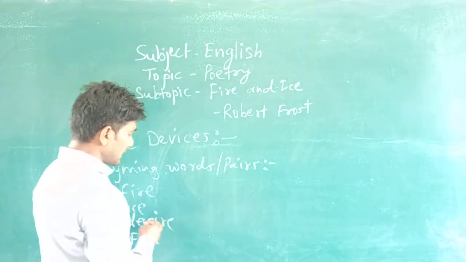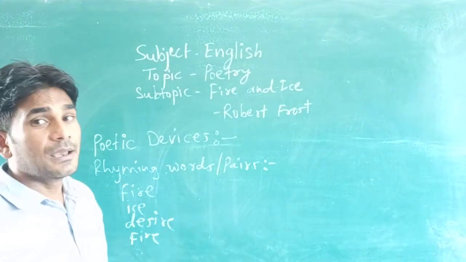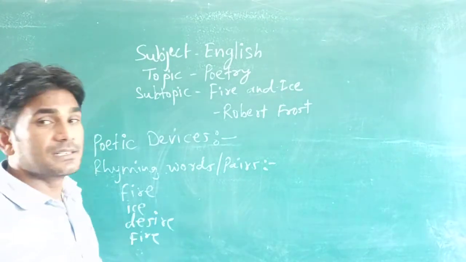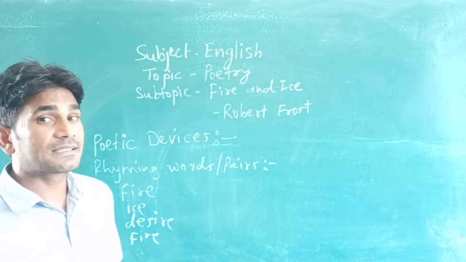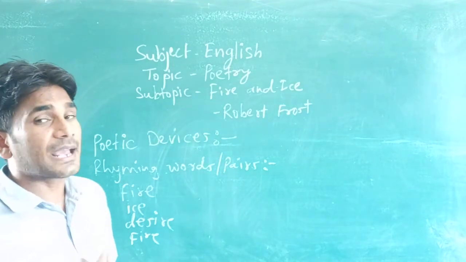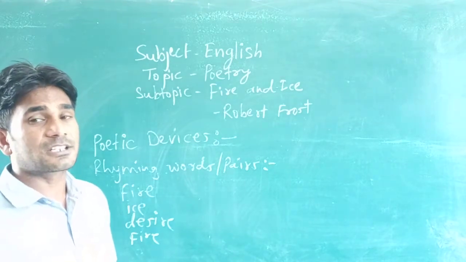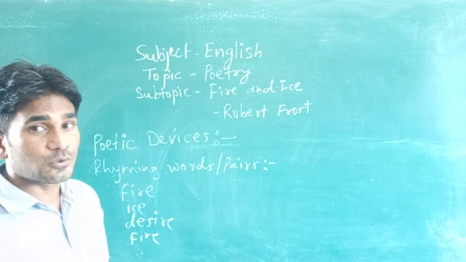And here ice is single, so there is no rhyming pair for the word ice. So what are the rhyming words or pairs in the first stanza? First stanza के rhyming words या rhyming pairs कौन से हैं?